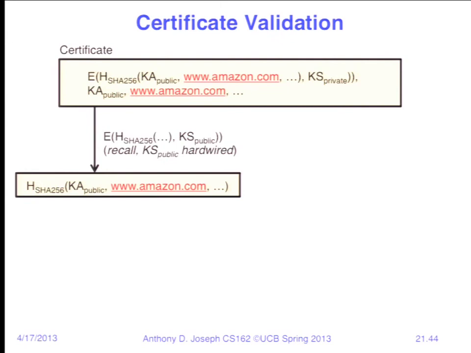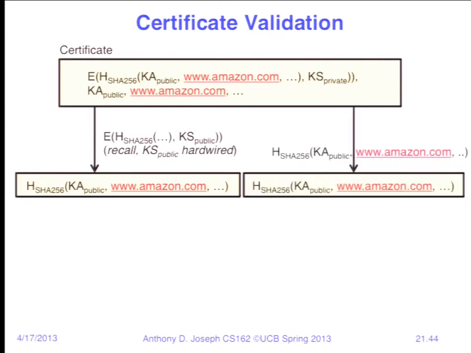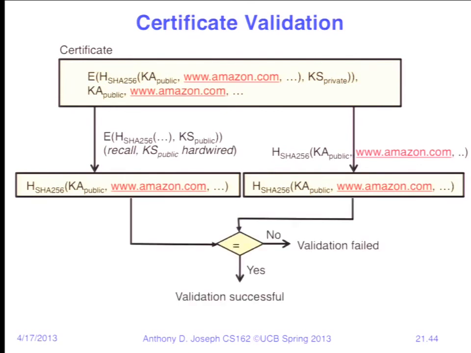So we get back this hash. In parallel, we compute the hash over everything else that's in the certificate. Then at the end, we compare them. If we get the same hash as this decrypted one from our own hashing, the certificate passes validation. We know we have a valid public key. We know we're talking to Amazon. If it doesn't pass, something's up.